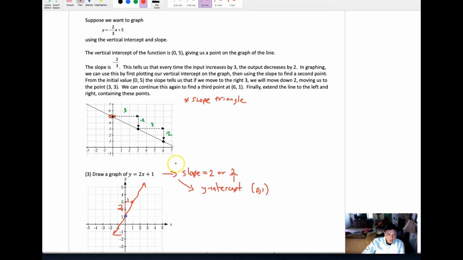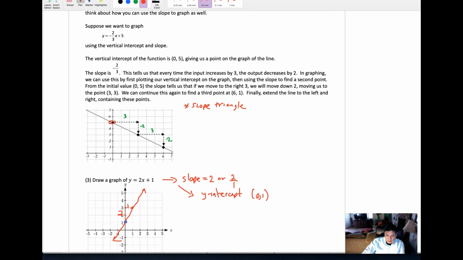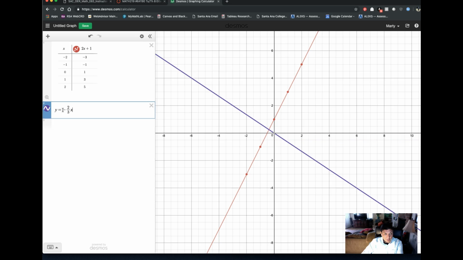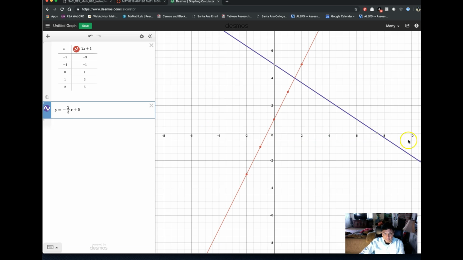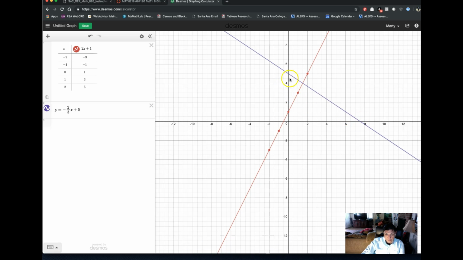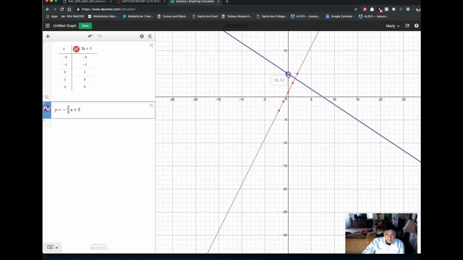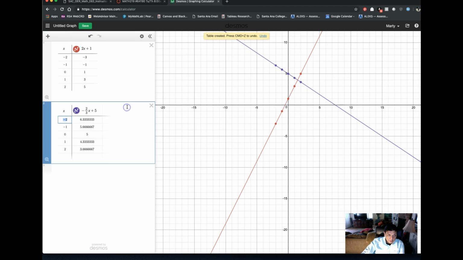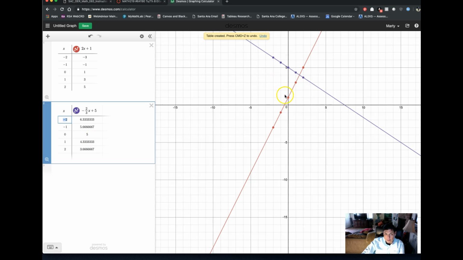We can even do the other one, y equals negative 2/3 x plus 5. You can see those values come up, different values from the graph. If you wanted to make a table again, you hit that gear and then table, and you can see a table is created showing you different values for the graph.